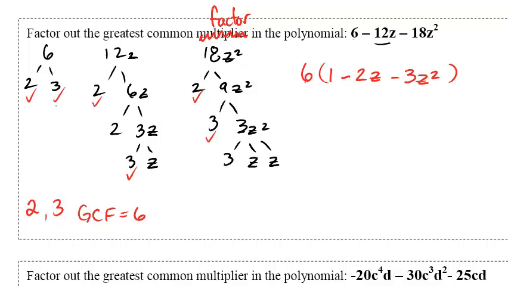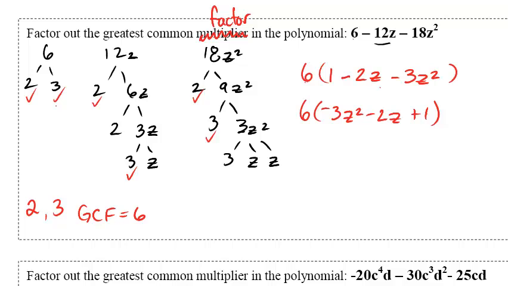Just a little note about conventions. Usually we order the terms in a polynomial with the highest order term first, meaning the variable with the biggest exponent. So this is usually written like this, and then the next order, then this.